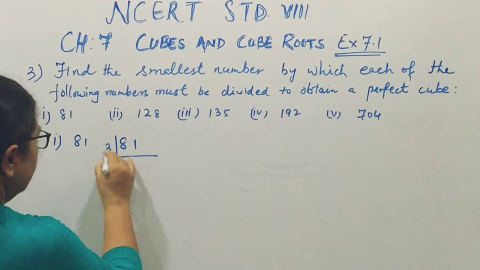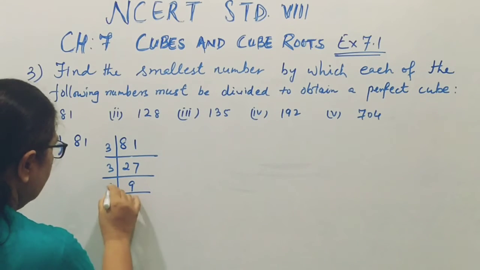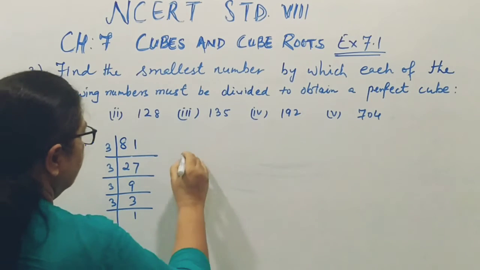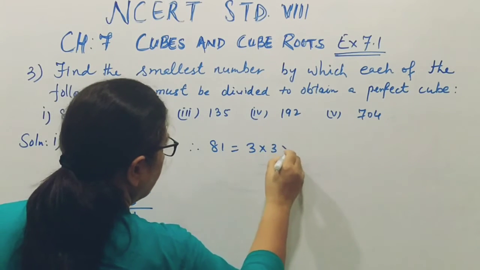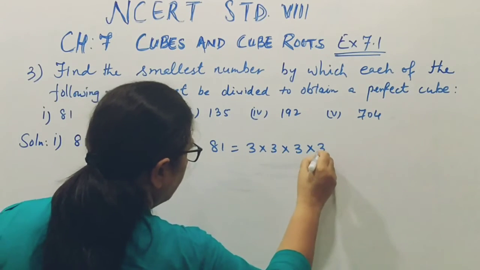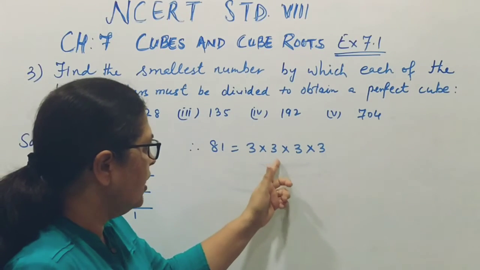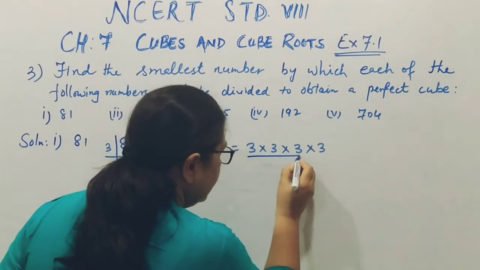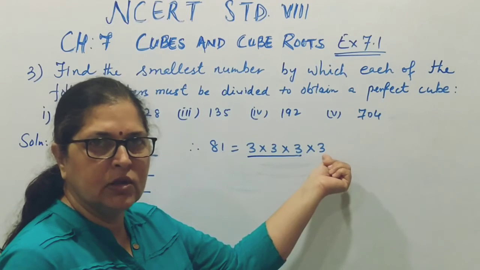81 is divisible by 3. So 27, again by 3, 9, again by 3, 3, again by 3. Therefore 81 is equal to 3 into 3 into 3 into 3. 4 times 3. So this triplet is complete. Only this 3 is left without a triplet.